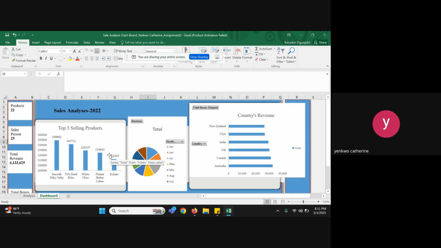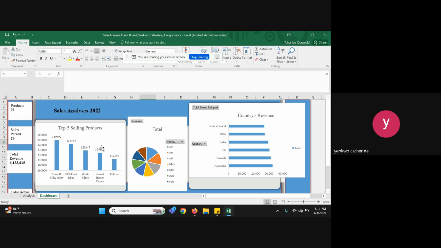From what I got from the lesson, she was trying to give us an elaborate breakdown of the performance of the staff, the company, and the product. In the data we have 20 products, we have 25 salespersons, we have a total revenue of over 6 million.